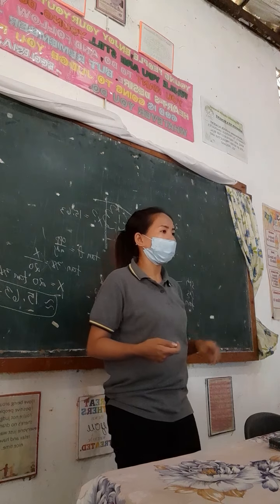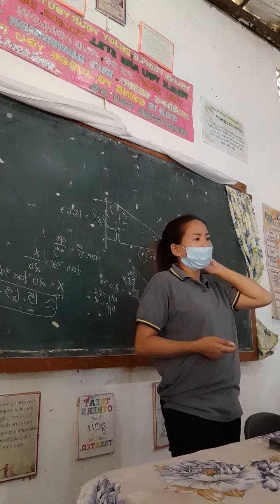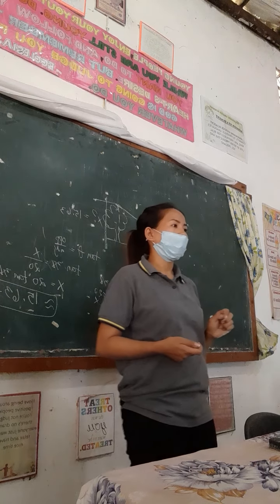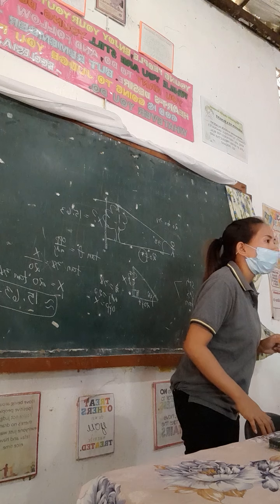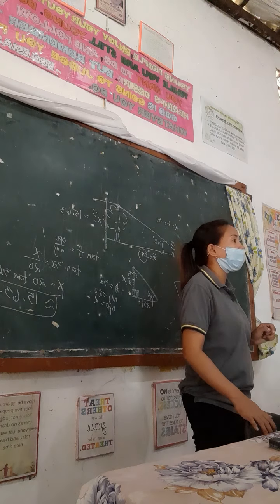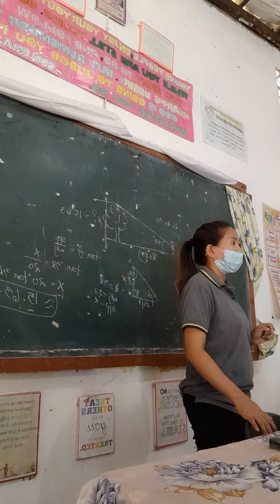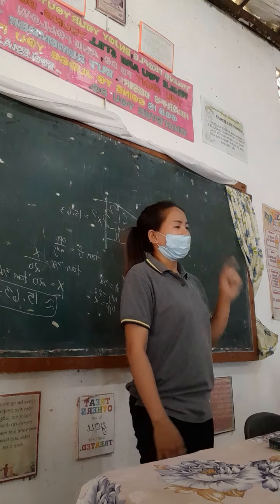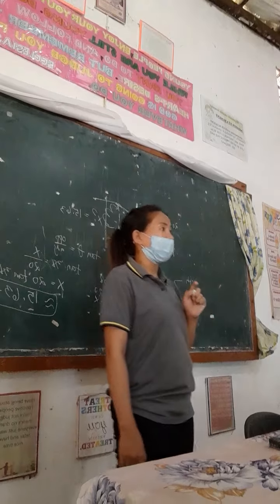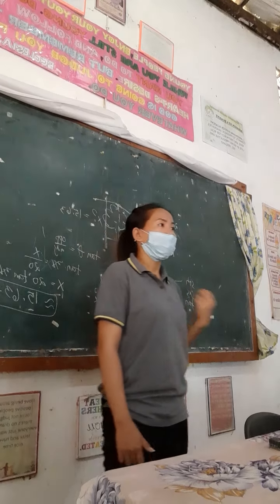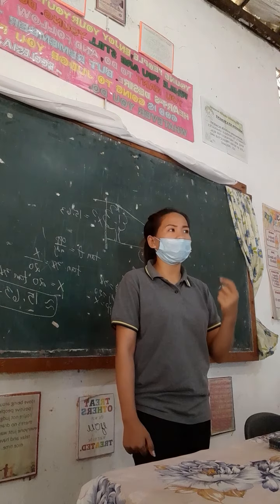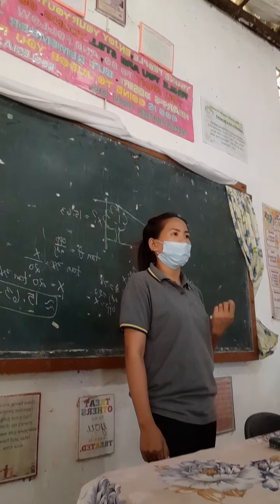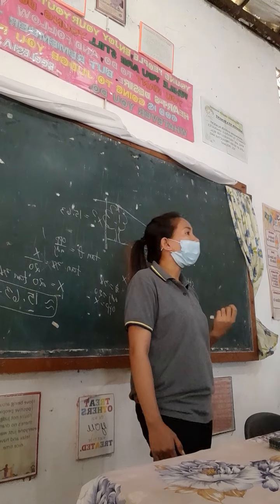Can you try? The same value? Yes. So you get the same value. That's how you solve using your scientific calculator. If your cell phone has a scientific calculator, you can use that for the meantime.